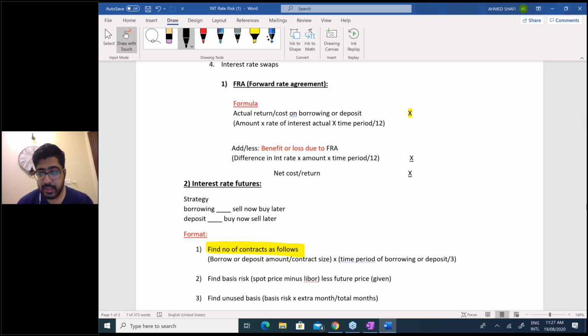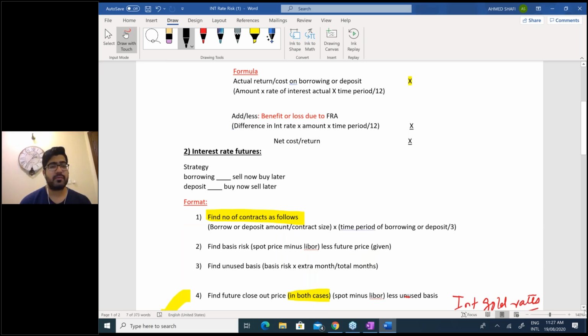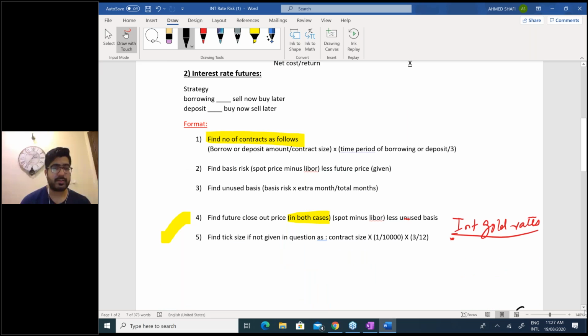In interest rate futures, the strategy you need to learn: in case of borrowing, it's sell now, buy later, and in case of deposit, it's buy now, sell later. In the first step, you need to show number of contracts. It's borrow or deposit amount into contract size into time period of borrowing or deposit over 3. Then you need to find basis risk. It's spot minus LIBOR less futures price, which will be given.